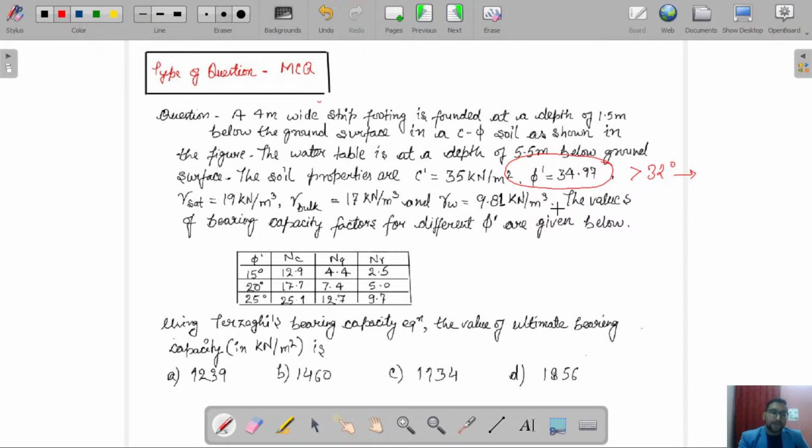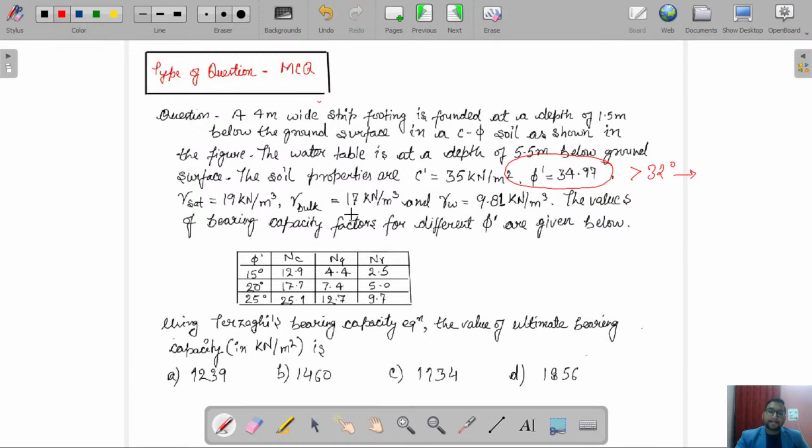At which phi value are you going to get the local shear failure?